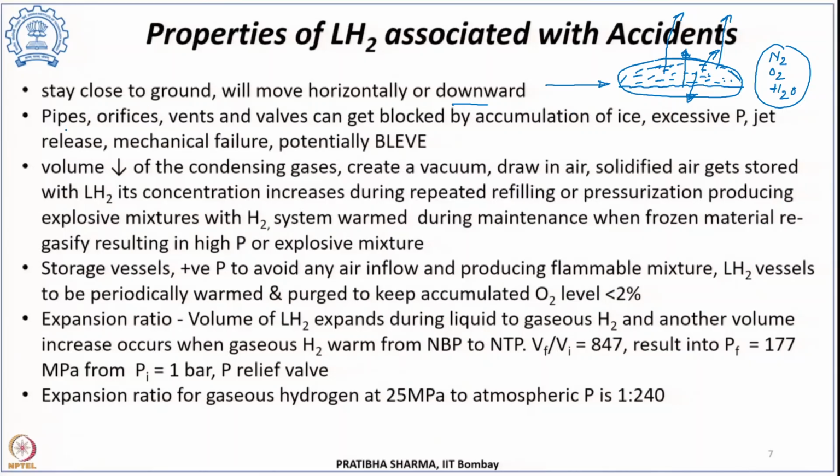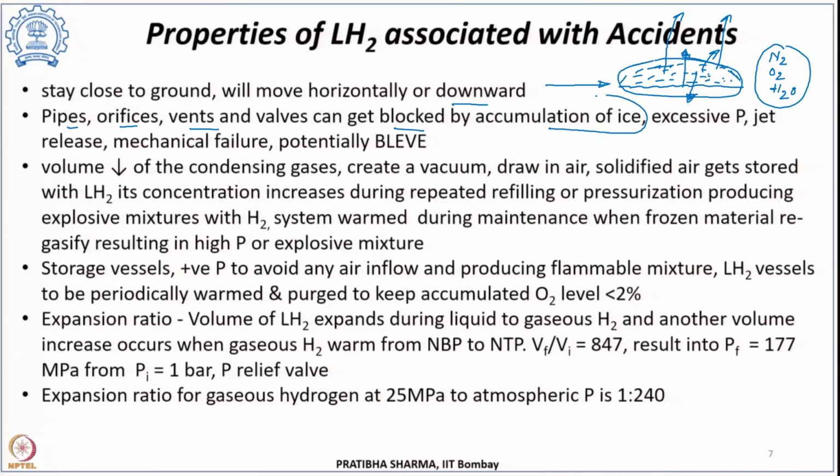Sometimes during hydrogen flow through the pipe, orifice and vent, it will get blocked. How will it be blocked? If there is any moisture in the hydrogen inside the pipe, this moisture will get condensed and even accumulate in ice form.